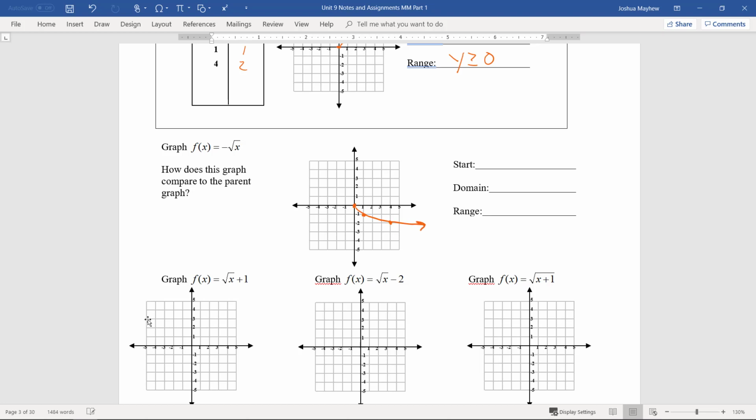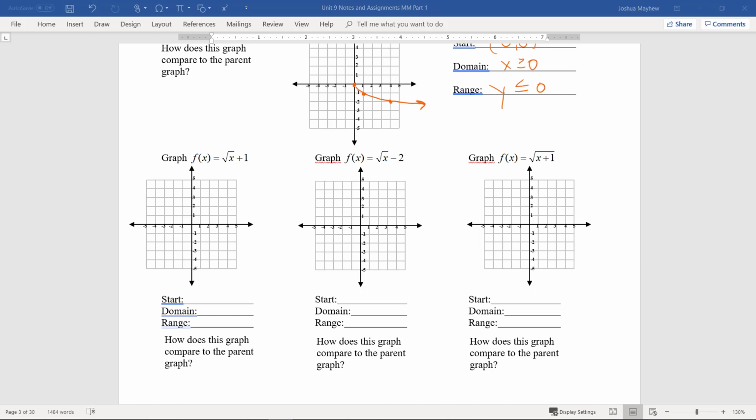This is what the graph looks like, and the starting point is (0, 0). The domain from that starting point is moving from the left to the right, so the domain is x is greater than or equal to 0. But notice, since it was a reflection, the range will be y is less than or equal to 0.